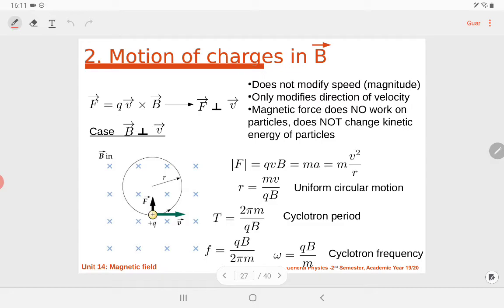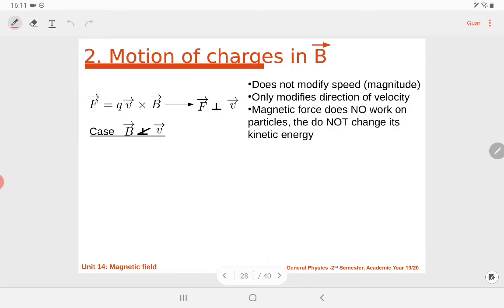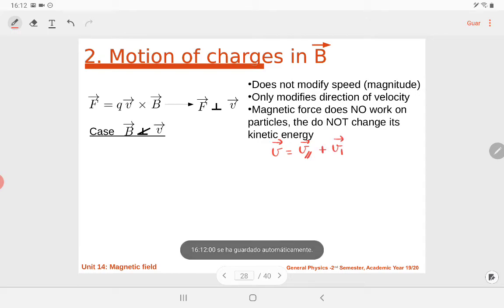Okay, so now we're going to look at the third and most common case, in which the magnetic field is neither completely perpendicular nor completely parallel to the velocity. In this case, the whole velocity can be decomposed into a part that is completely parallel to the magnetic field, and another part that is completely perpendicular to the magnetic field.